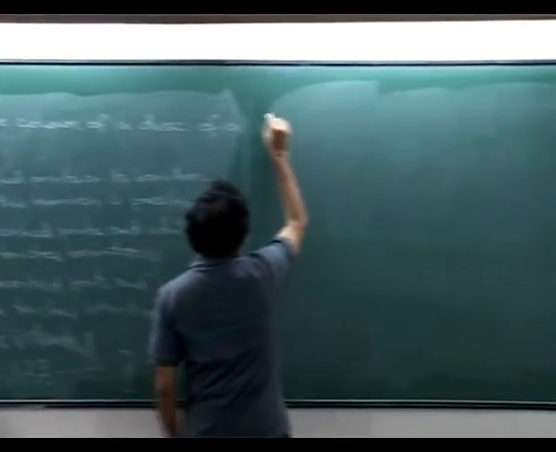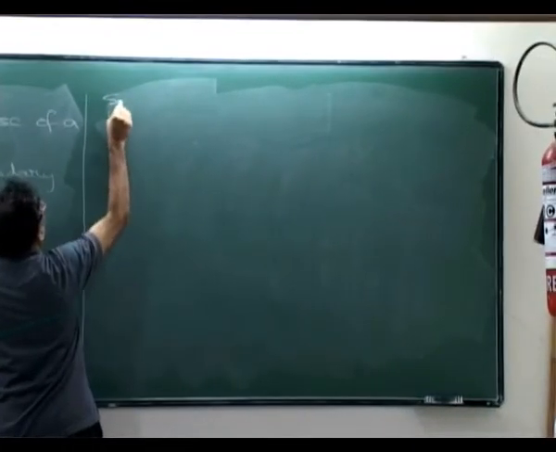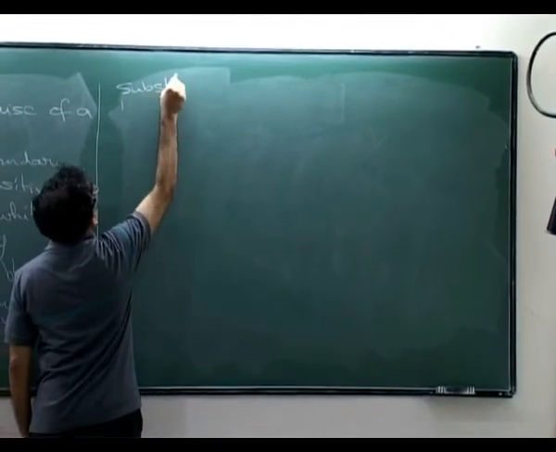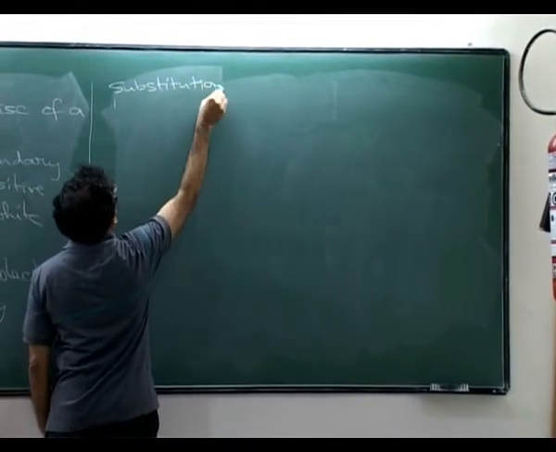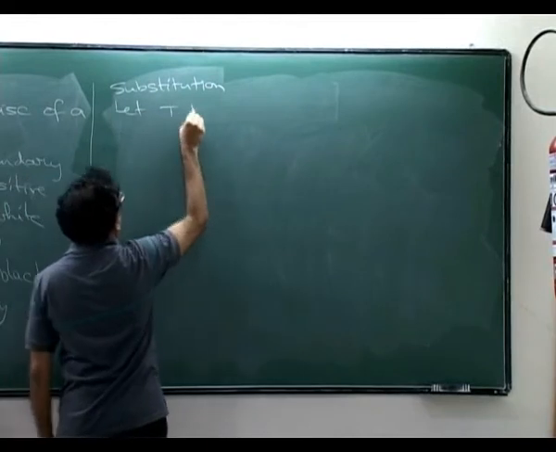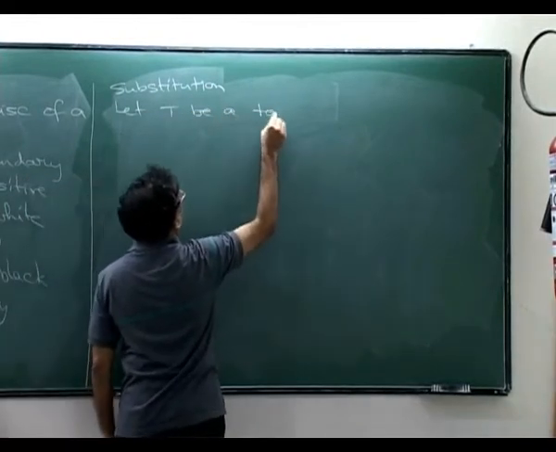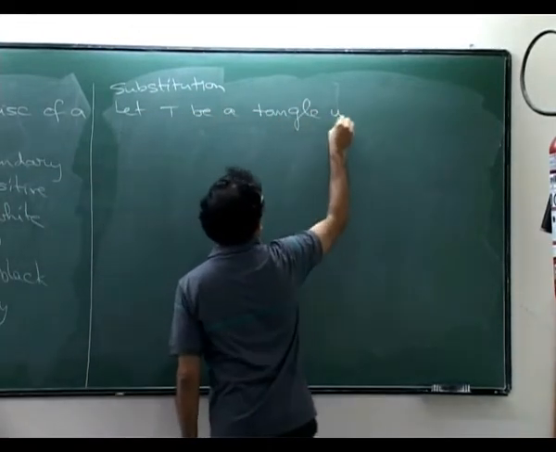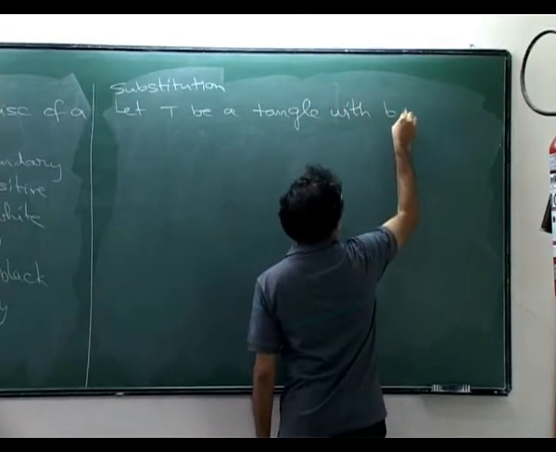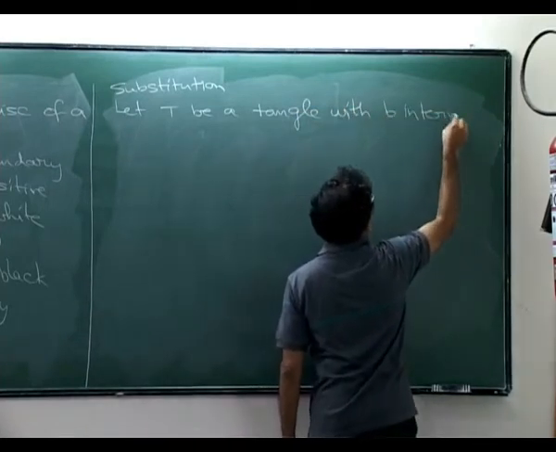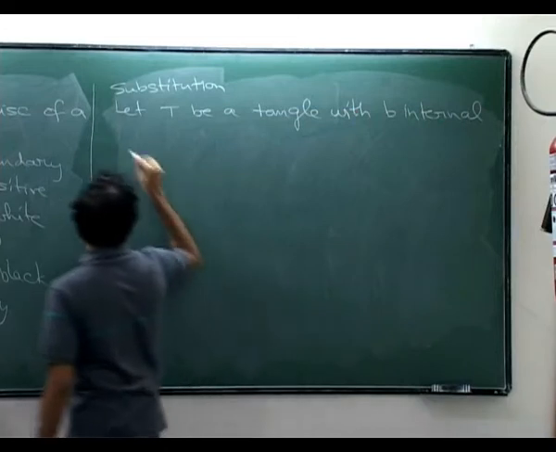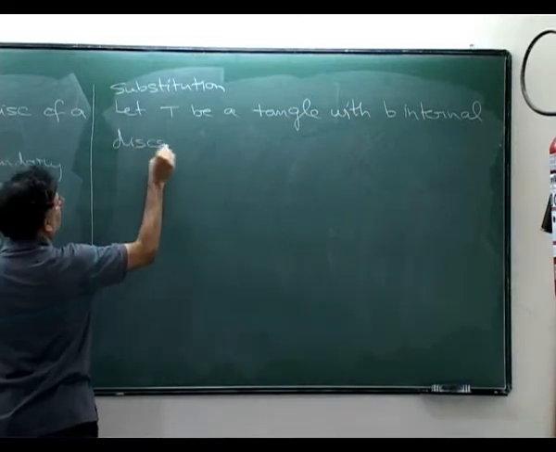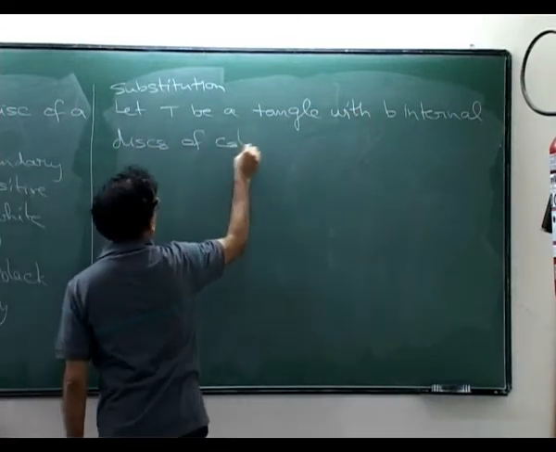Okay. So I want to define substitution now. Let T be a tangle with B internal disks of colors.